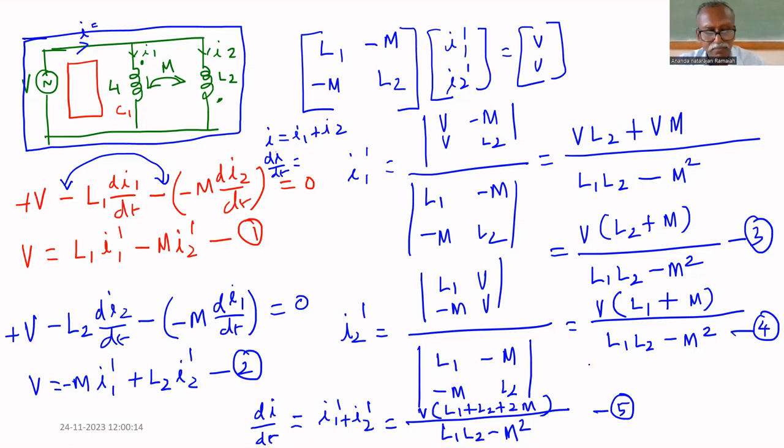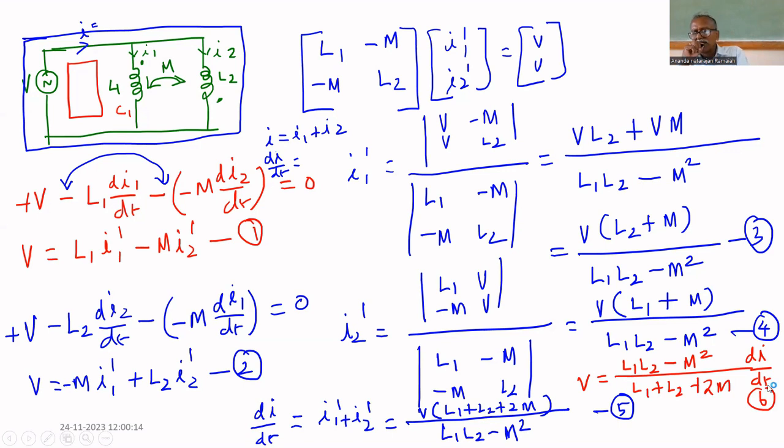From this, we can find V. V equal to L1 L2 minus M square divided by L1 plus L2 plus 2M multiplied by di by dt. Sixth equation.